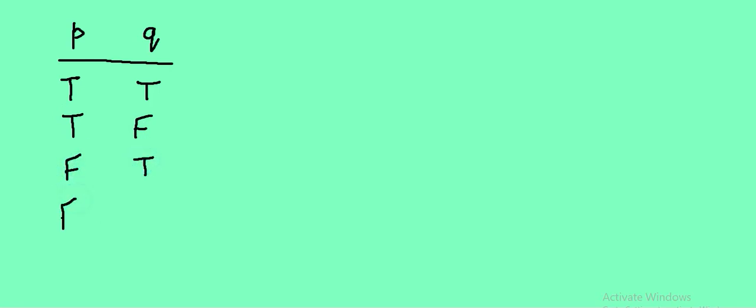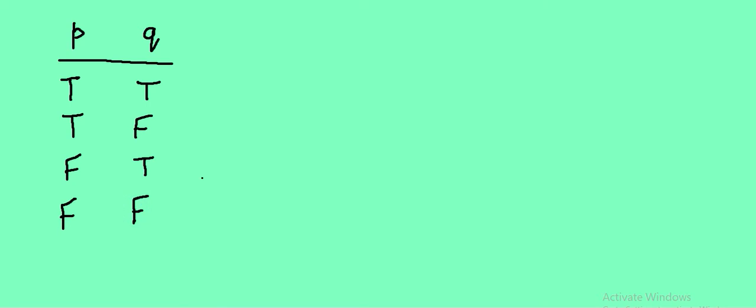So if I write a truth table for this, again for these two propositions the combinations will be true true, true false, false true, and false false.